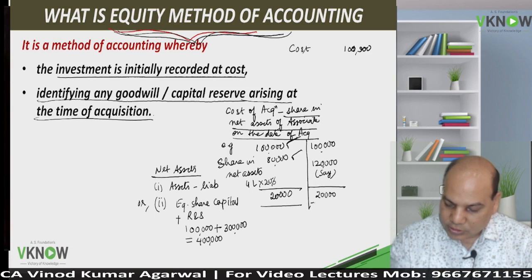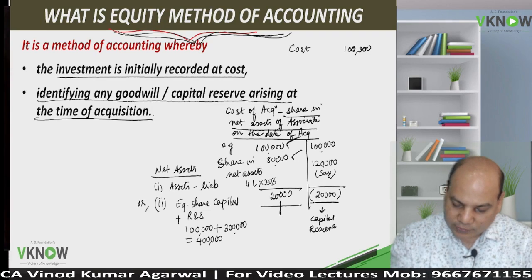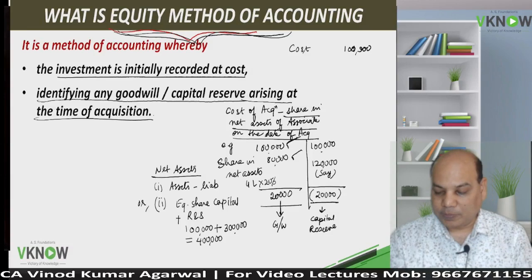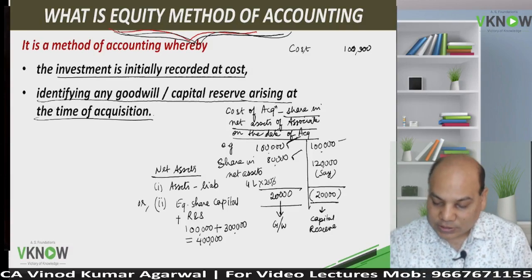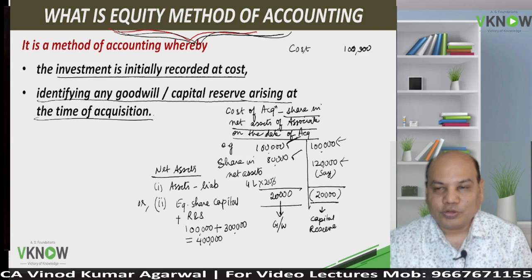So this difference is called capital reserve, and a positive difference will be called goodwill. Capital reserve means you have paid less, you have got more. Paid less, got more. So there is a gain on acquisition indirectly. You are benefiting from acquisition by 20,000. So we'll call it capital reserve.